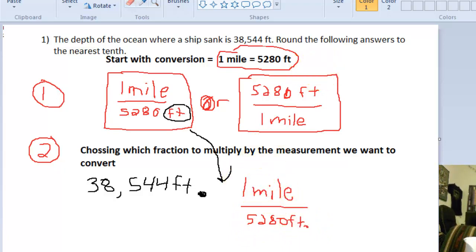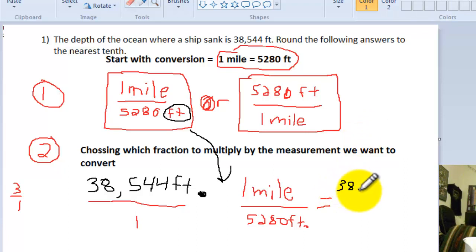So when you're multiplying fractions, any whole number, remember, if you have a whole number of 3, you can always place it over 1. And you can do that with this whole number. Put it over 1, and there, look, you're multiplying two fractions. And multiplying fractions is simply multiply your numerators, and then multiply your denominators. So we've got a new fraction of 38,544 over 5,280.